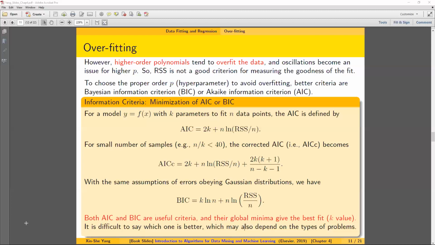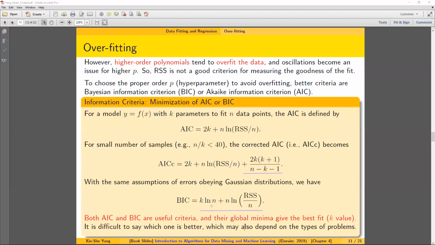For a smaller number of samples, for example n divided by k less than 40, the corrected AIC just has an extra term with a k and n relationship in there. With the same assumption of errors obeying a Gaussian distribution, we have the BIC definition: k times ln n.